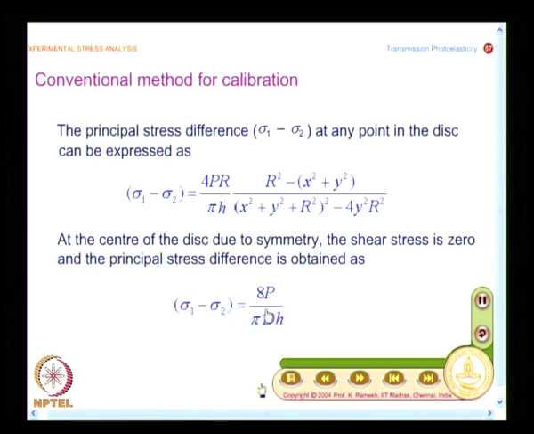Now, popularly the diameter is used in this expression, so I wanted you to replace r as d by 2.